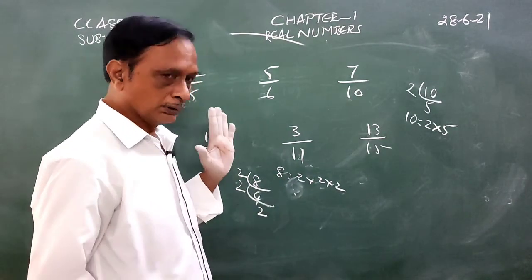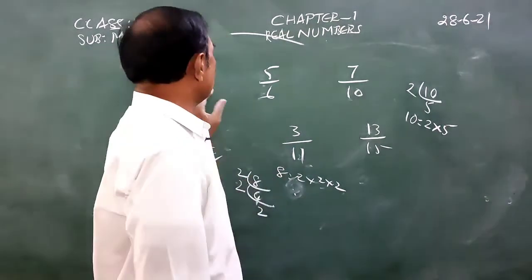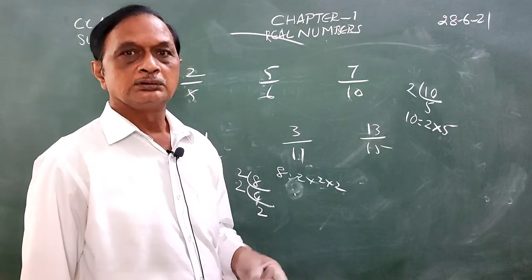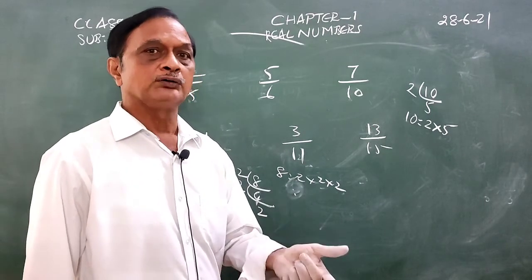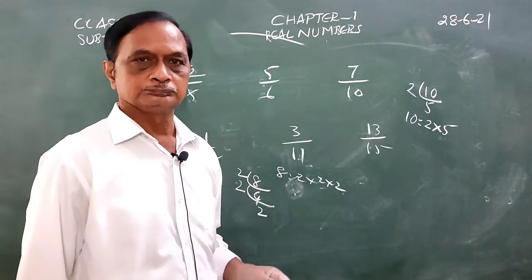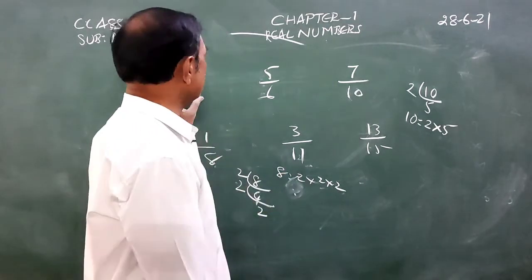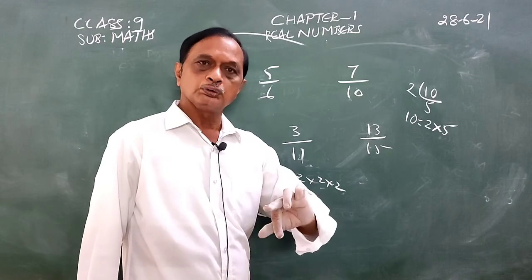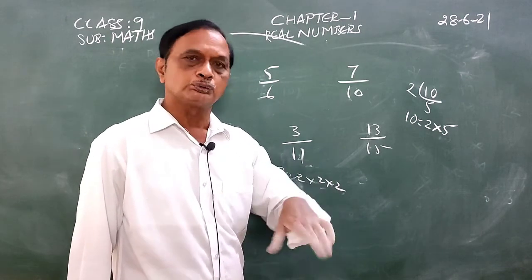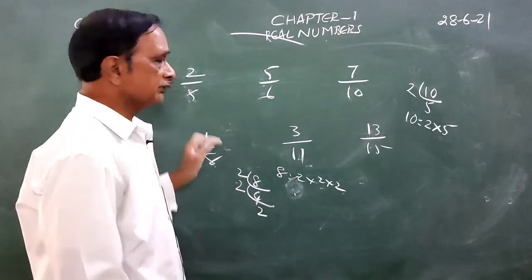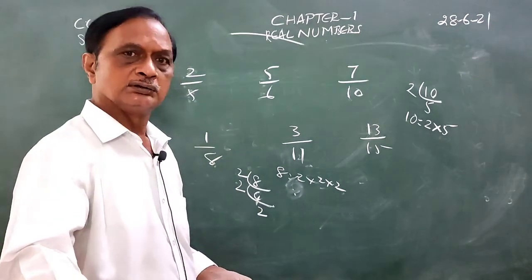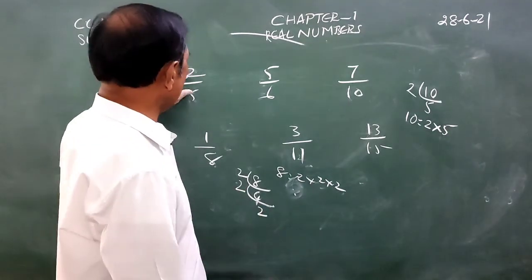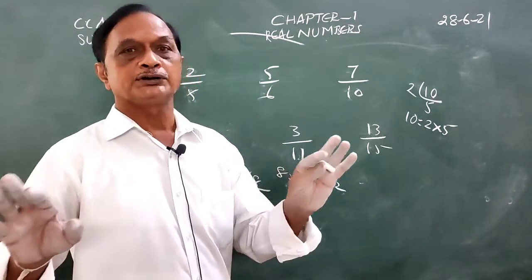8. Now listen. If the denominator consists of either the prime factor 2 or 5 or both 2 and 5, if the denominator contains the prime factor 5 only or 2 only or both 2 and 5, then the given rational number represents a terminating decimal.